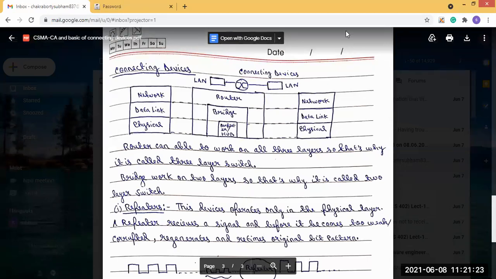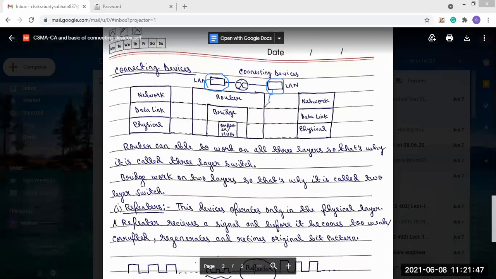Now, if you see, this is a LAN. In this LAN, the systems are connected one by one. This is an isolated LAN. Same as that for this LAN also, inside this LAN, all the systems are connected.